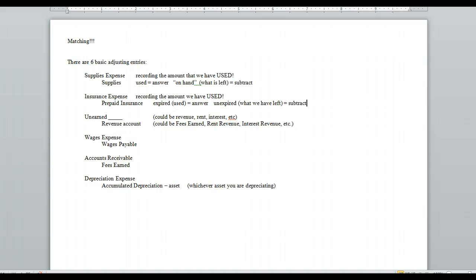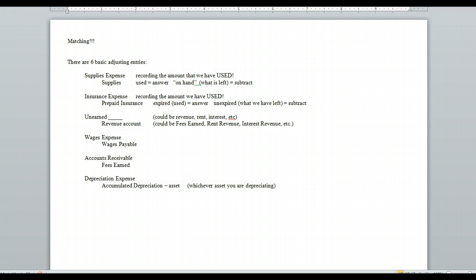So we know what the prepaid insurance was to begin with. In other words, we know how much we bought. Say we bought a 24-month policy for $2,400. And then they will tell you the amount of unexpired insurance at the end of the period is $1,000.